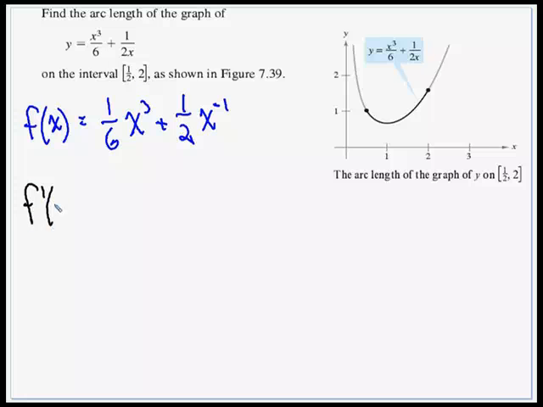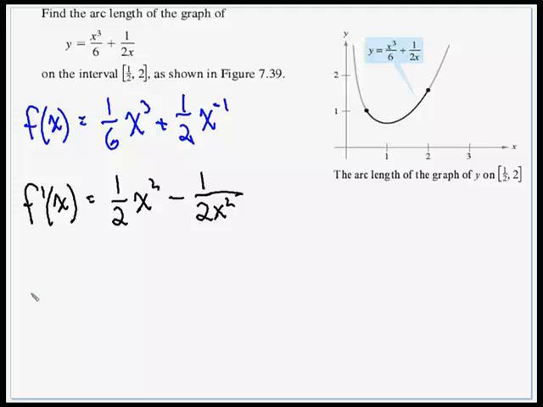F prime of x equals, well, this would be 3/6 x squared, or 1/2 x squared, minus, that negative 1 will come down, minus 1/2 x to the negative 2 power. And instead of writing that as 1/2 x to the negative 2, I can just put my x in the bottom and make it a positive x squared.